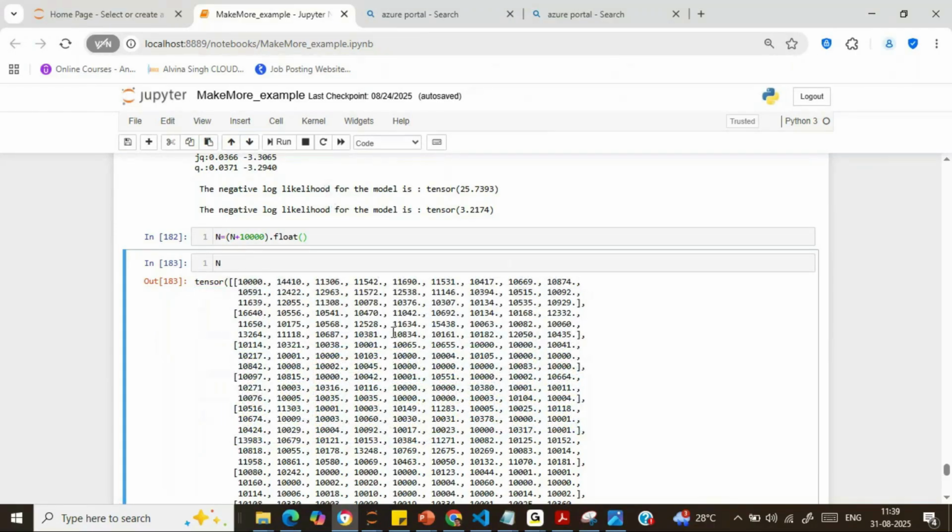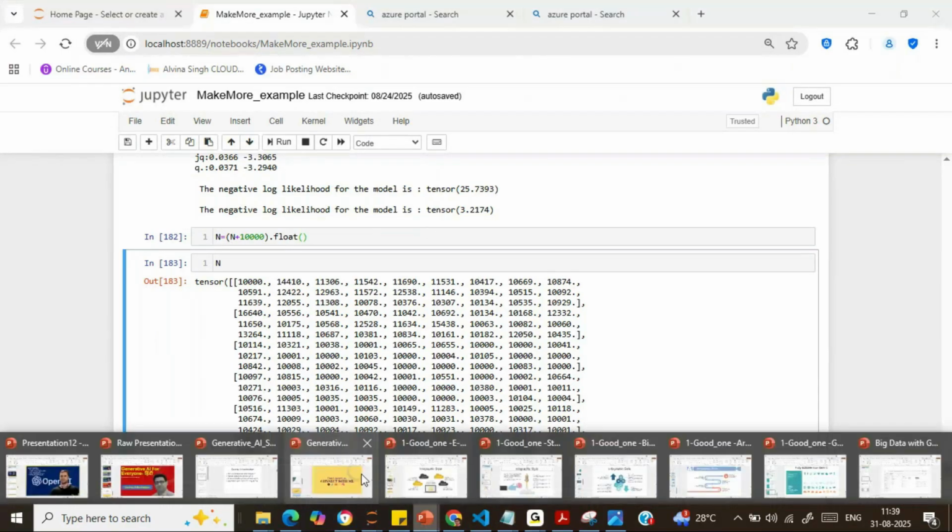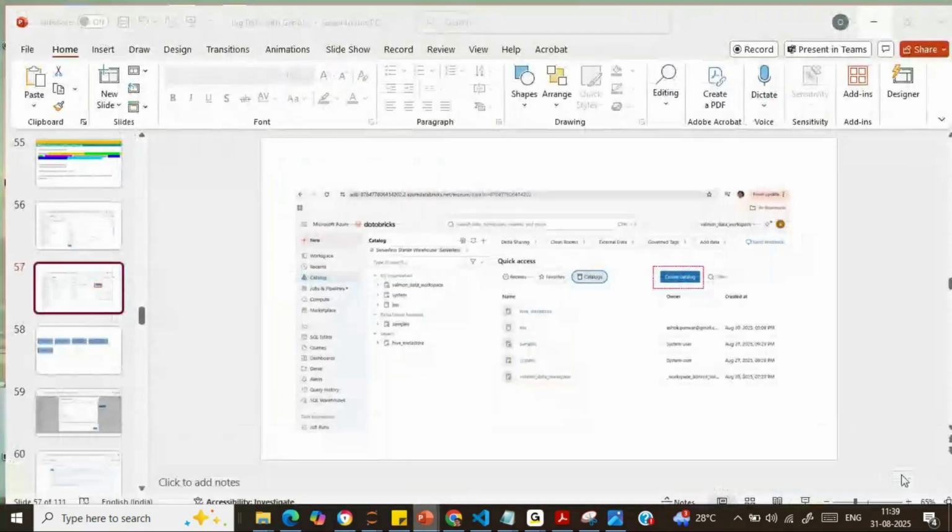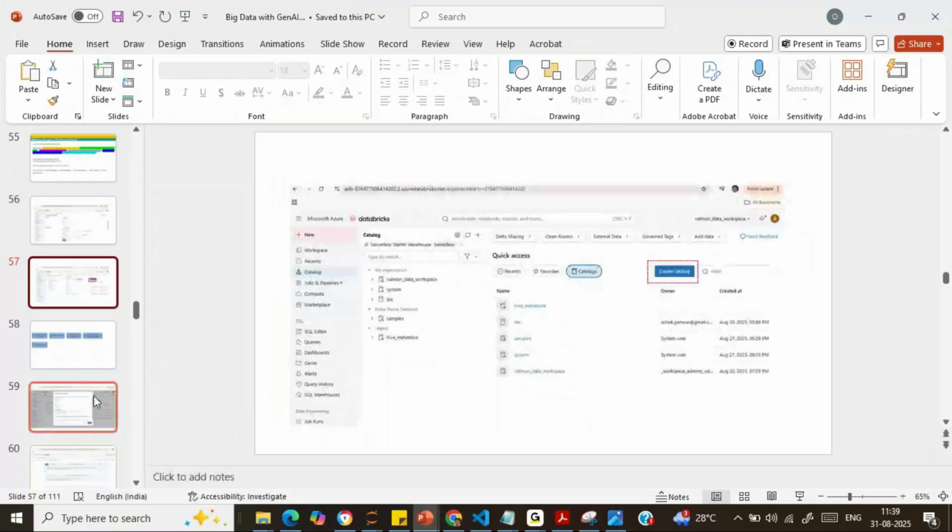Then we will have the clarity on how the transformers are working. Then we will start our learnings with RAG, and then we will have a project on Databricks on RAG. This particular project will be there on Databricks.